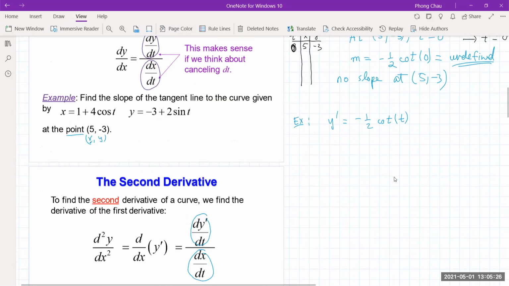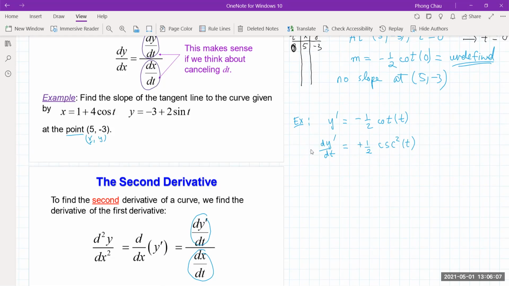If we have to find the second derivative, here's the formula: dy prime over dx/dt. So I need to find the derivative of this. Let's do that. -1/2. Well, what's the derivative of cotangent? That is negative cosecant squared t. Negative cosecant squared, with the negative, so make it positive.